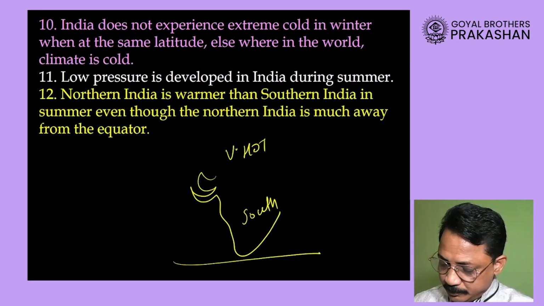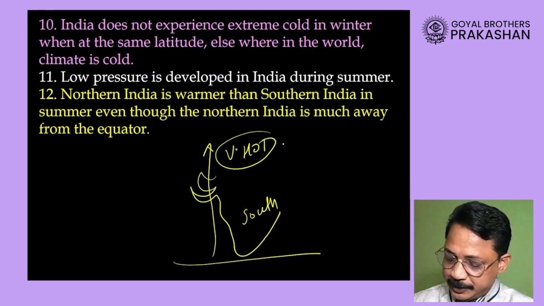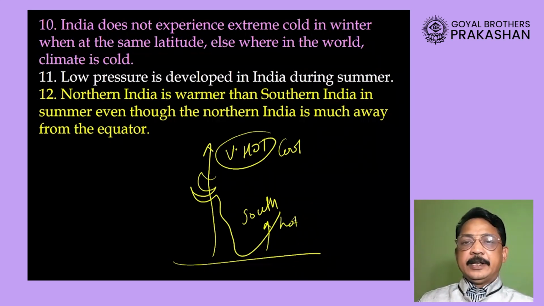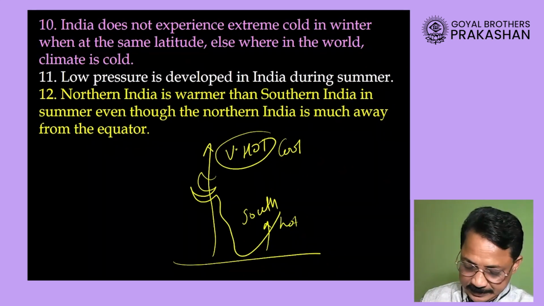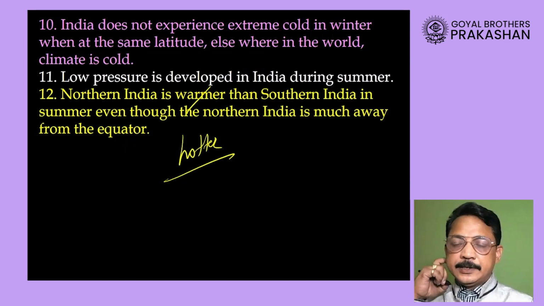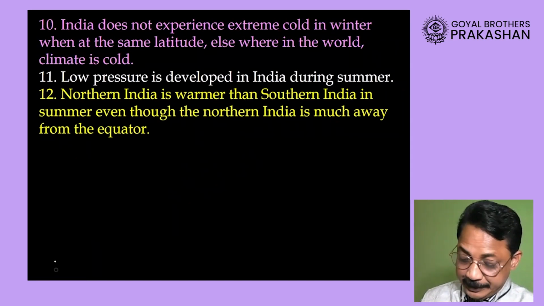Now you may be wondering that North India is much farther away from the equator, so it should have cooler conditions and South India should have hotter conditions, but it's not. That means Northern India is much hotter than Southern India. And what is the reason? The reason is altitude.